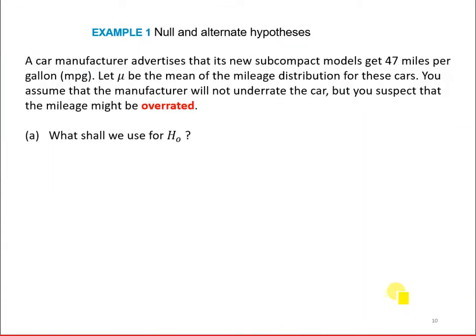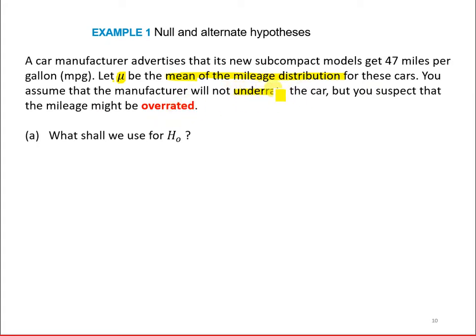For example, if you have this question: a car manufacturer advises that its new subcompact models get 47 miles per gallon. Let mu be the mean of the mileage distribution for these cars. You assume that the manufacturer will not underrate the car, but you suspect that the mileage might be overrated.